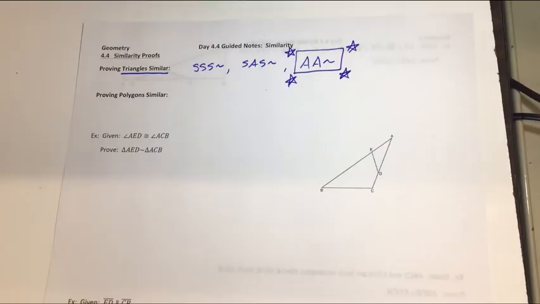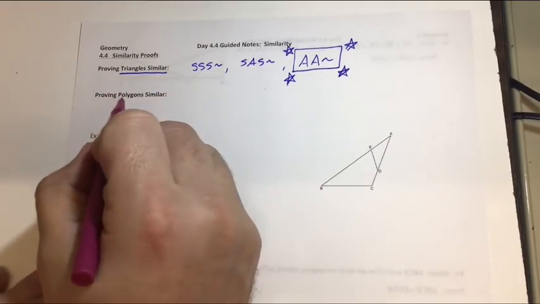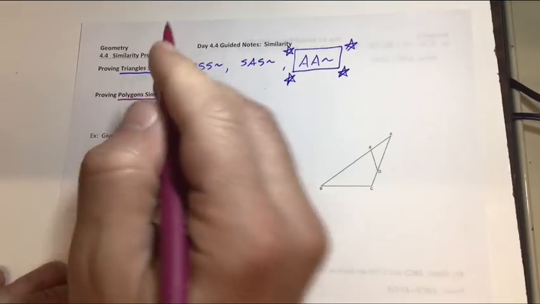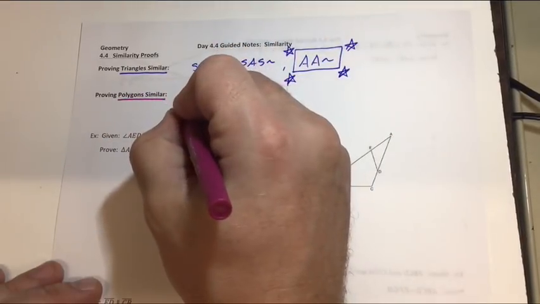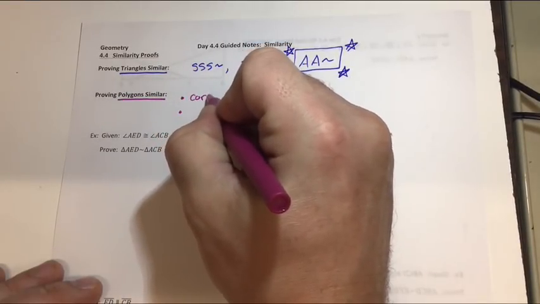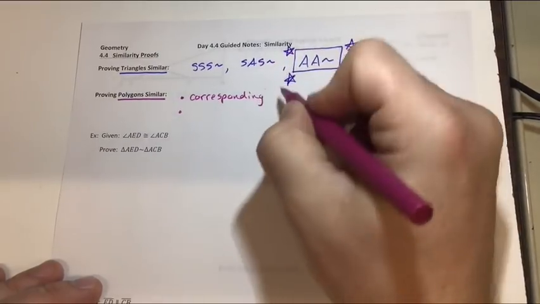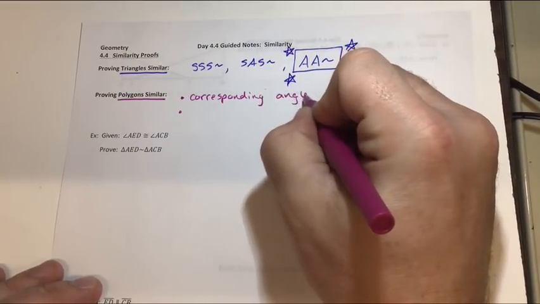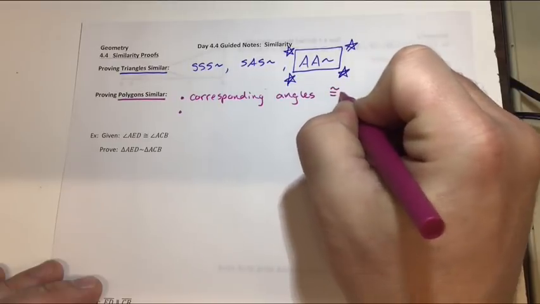But we are also going to look at how we can prove or show that other polygons are similar. Now to show that other polygons are similar, we're showing two things, and only two things. The first thing we're going to show is that corresponding angles are congruent.